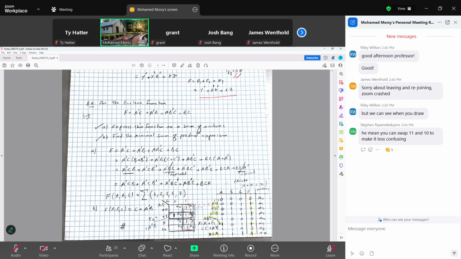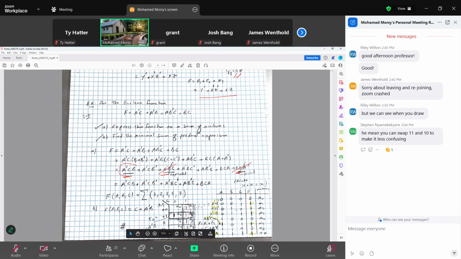So we have A inverted CB here. This term, we have this term also the same. So we take only this one and skip the others. If we have a term repeated 4 times, we take one of them and skip the rest. Then the other term is here.